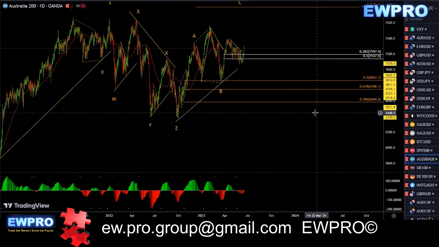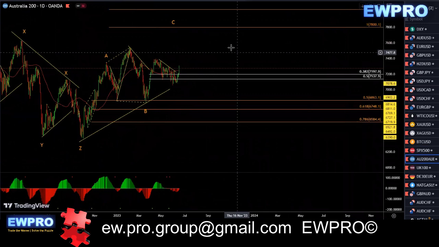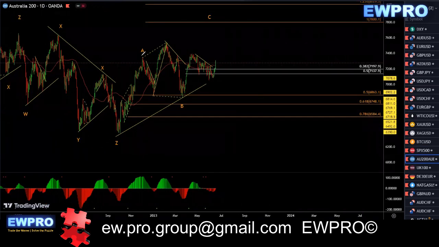AU200, nothing's changed on the daily. We're looking at that A, B, C up to that 100 fib. This has been sitting in here for quite a while, quite a few weeks now, only looking for the buy, and it looks like it's finally broken out.